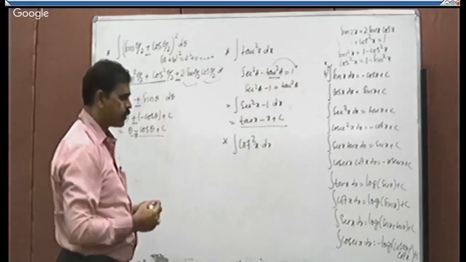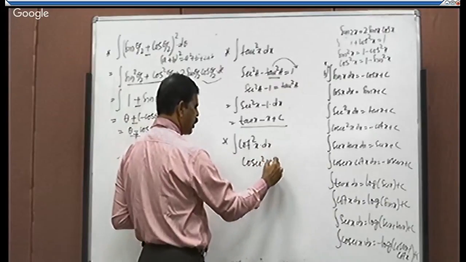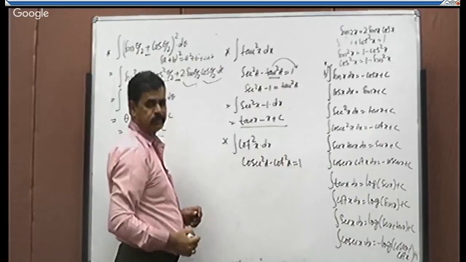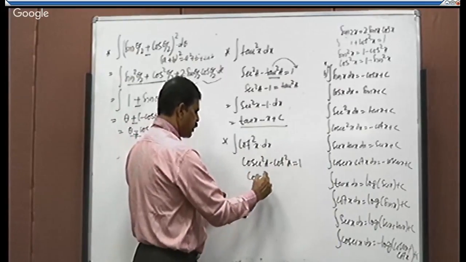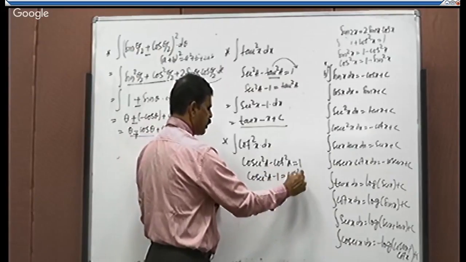We can go for cot square x. Again, use this identity. Cosecant square a minus cot square a is equal to 1, or cosecant square a minus 1 becomes what? Cot square a.